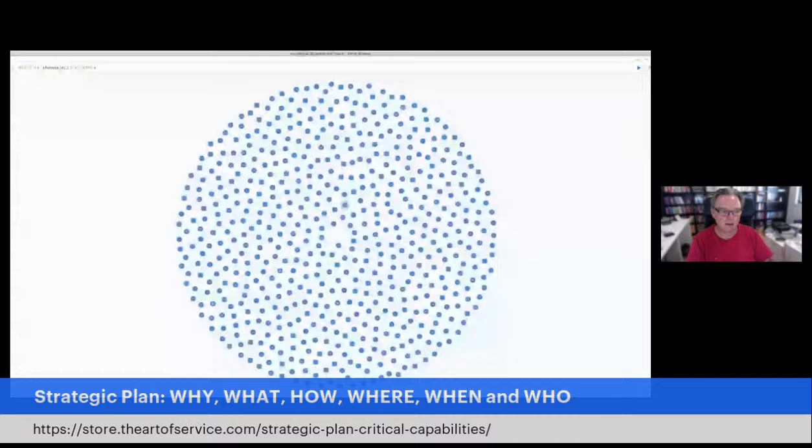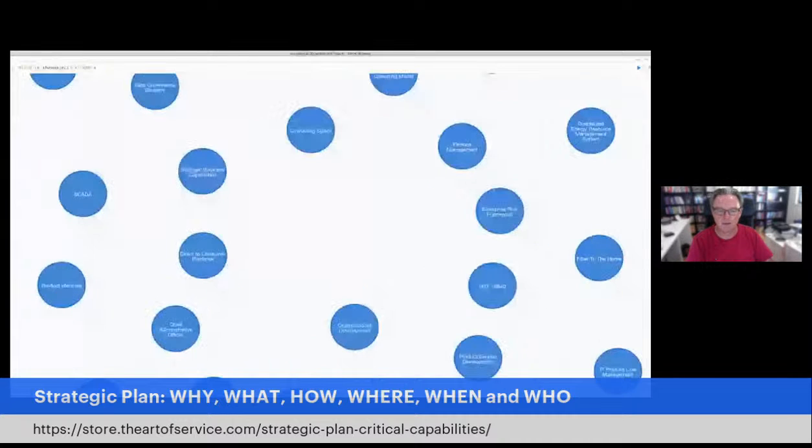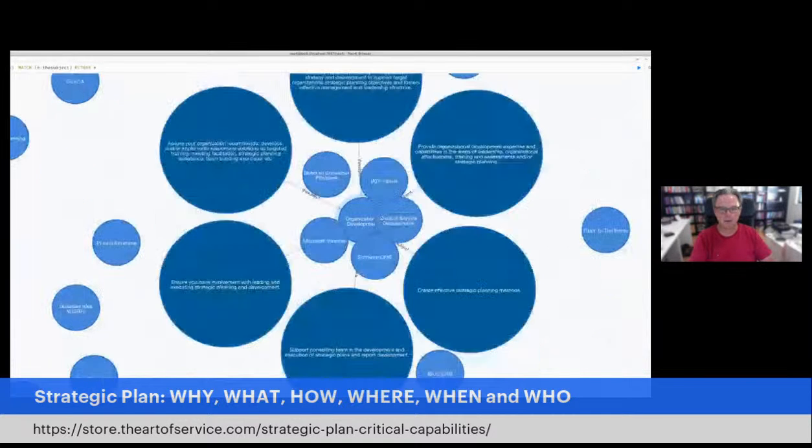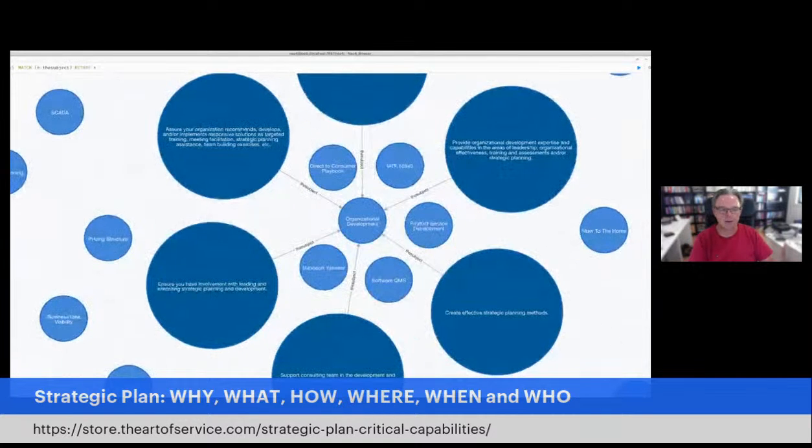And then I can, and you've guessed it, pick one and go like, okay, show me what I need to do for organization development. Boof, there we go. For organization development, these are the focus areas.